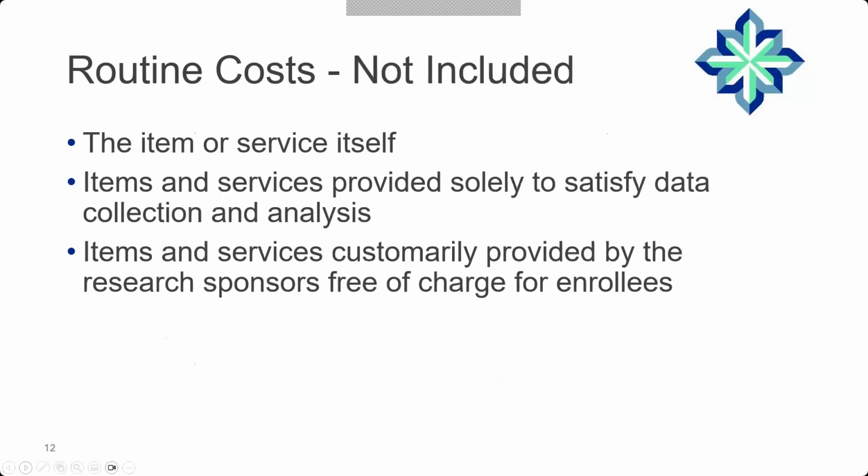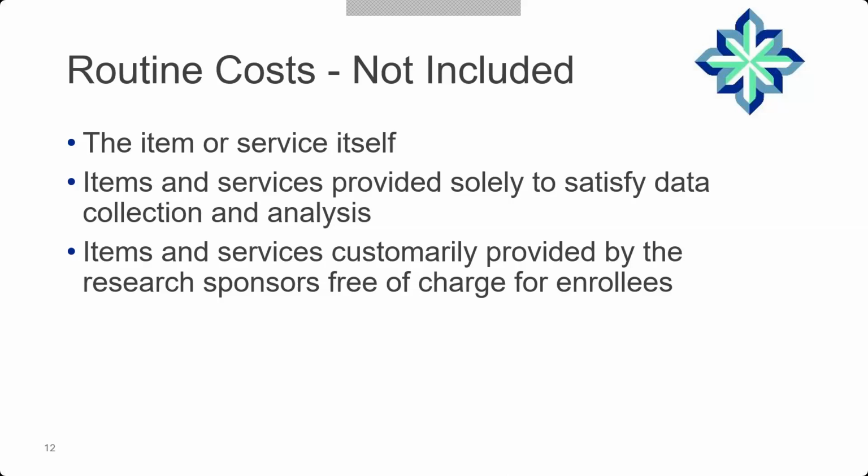Now let's move on and talk about what's not included in routine costs. Routine costs do not include the investigational item or service itself unless it's otherwise covered outside the clinical trial. Items or services that are provided solely to satisfy data collection and analysis, and those needs that are not used in direct clinical management of the patient.